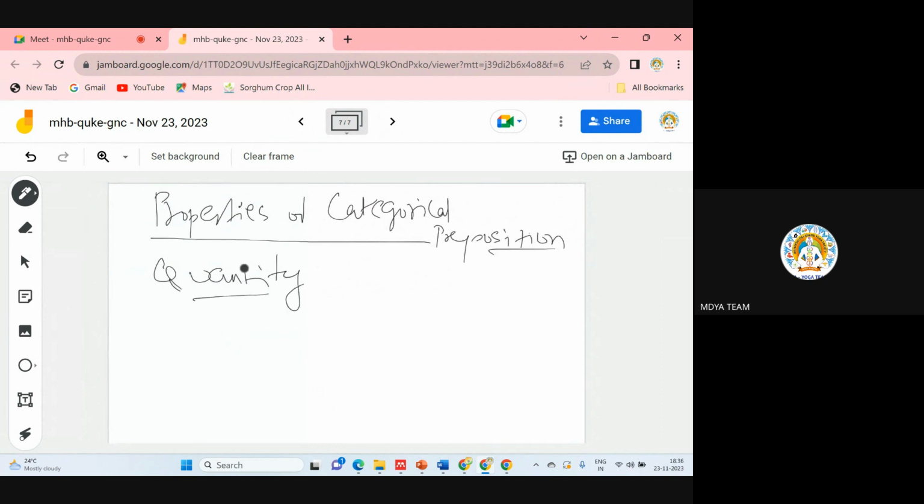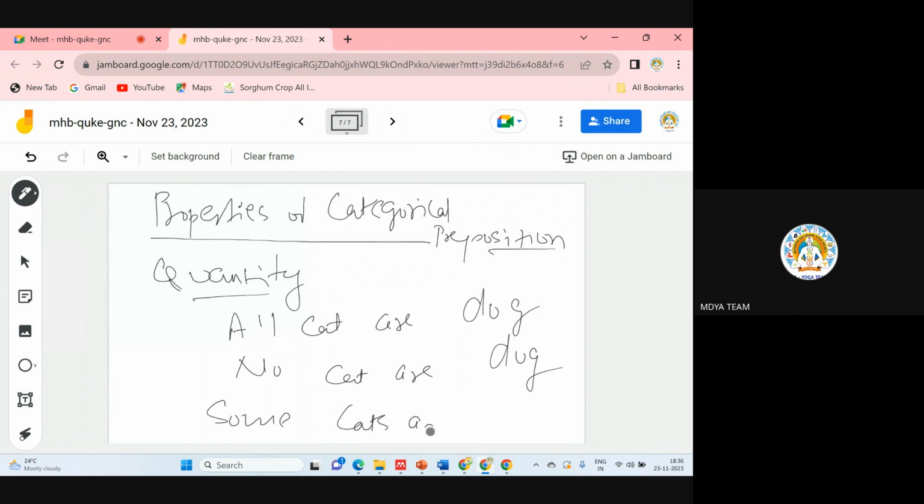For example, all cats are dogs, no cats are dogs, or some cats are dogs. So in this, what are we talking about? We are talking about the quantitative property, like how many subjects are predicate. So this is the first property of a categorical proposition.